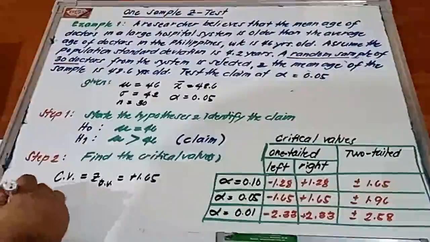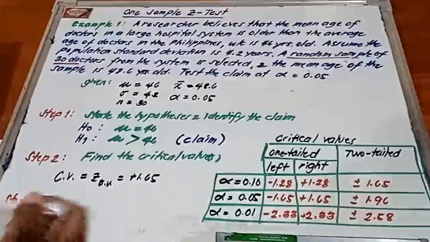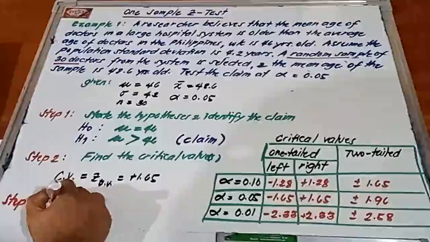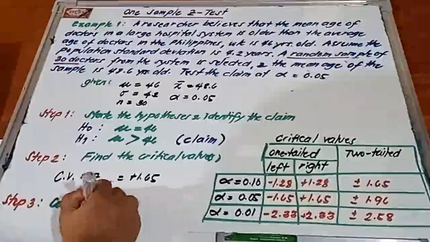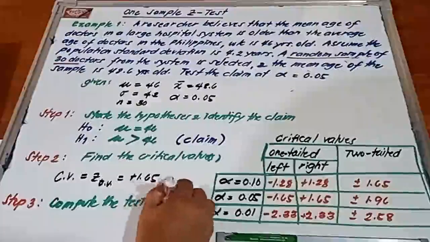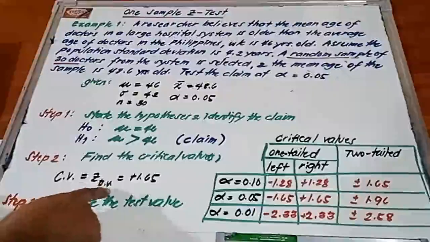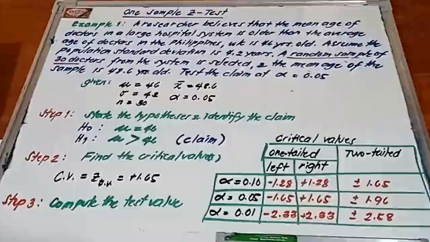At ang step 3 natin is compute the test value. The test value. Sometimes itong test value nito, tinatawag nating Z computed value. At ito naman, Z TV stands for tabular value.